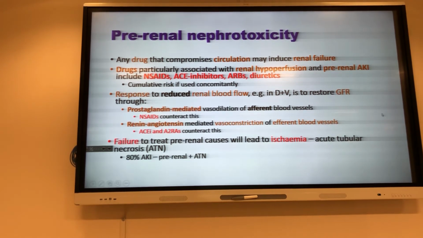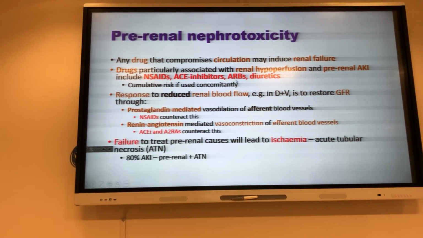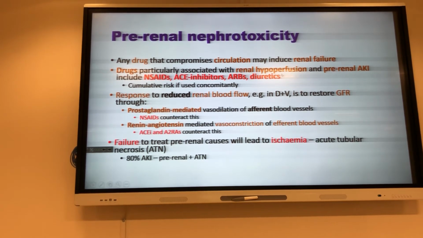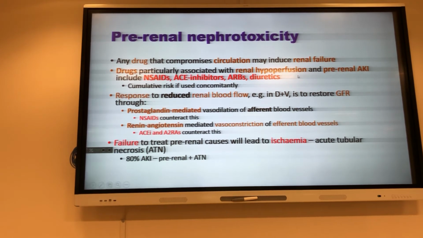When they're concomitantly used together, there's a cumulative risk, because they can cause renal hypoperfusion and pre-renal AKI, which can lead to end-stage renal failure if the doctors or patients are not careful.